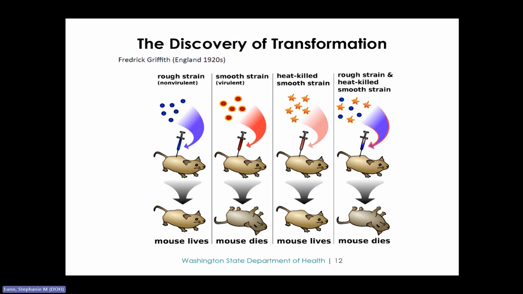Now, other researchers repeated a similar experiment, mixing rough forms with extracts of the smooth colony formers in vitro, or in a test tube, and they found that their surviving cells included smooth colony formers. And this indicated that an active component was present in the extract, so mice weren't necessarily needed for transformation to occur.